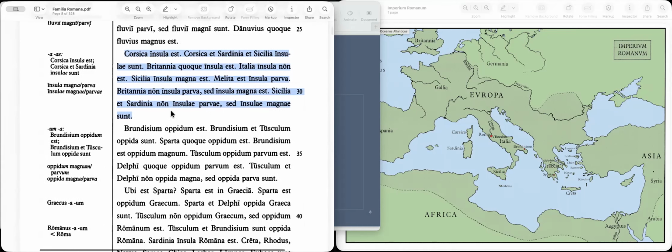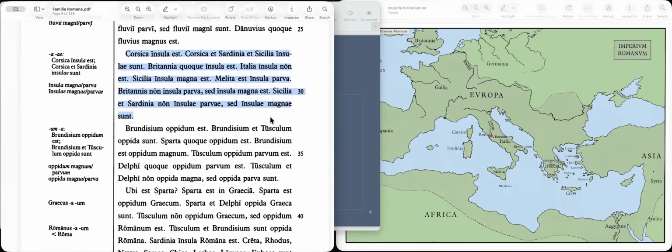So the first I is short, and the second I is short too. They're both short. Okay, but Sardinia. You put it all together, and that IA, just by virtue of our English tongue, is going to sound a little like a longer I. Sardinia, because we don't usually do that sound in English.